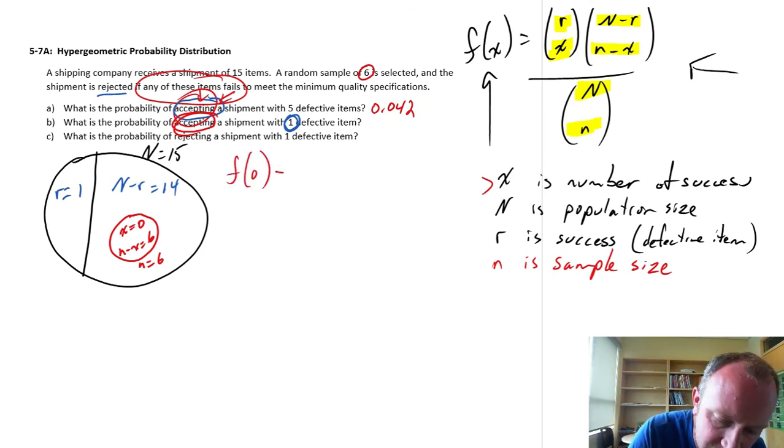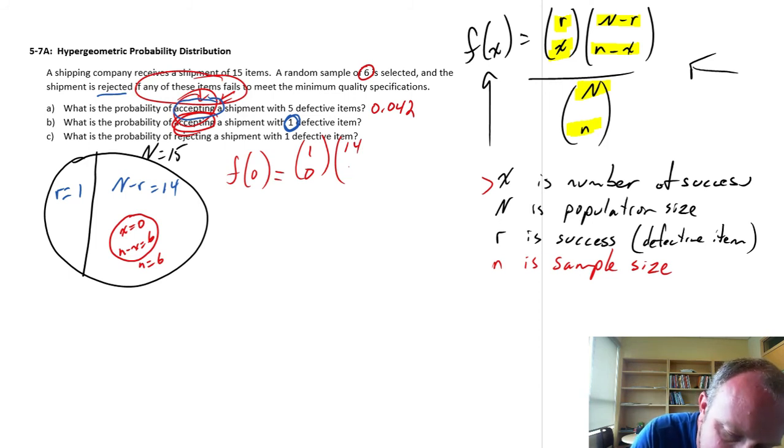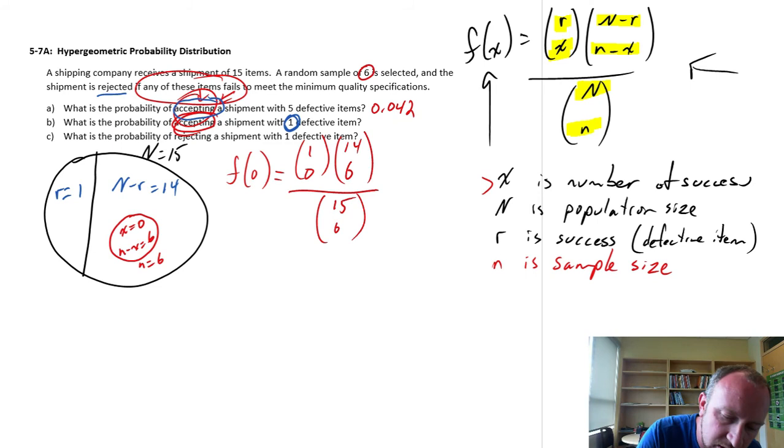F of 0. Now this changes to 1 and 0. This is 14, 15 minus 1. N minus x is 6. And this is 15 over 6 again in our denominator. Okay, now let's expand this.